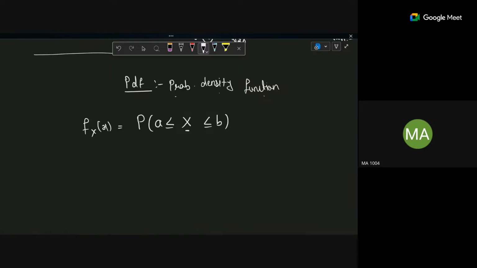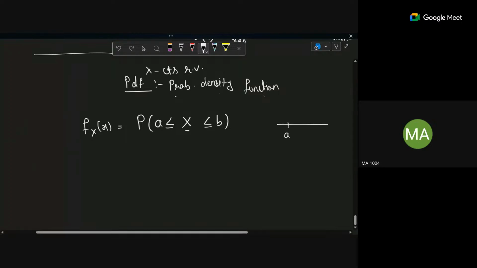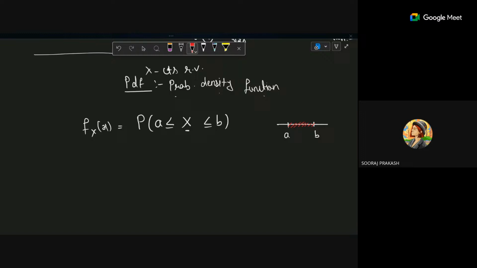Why is it density? Once X is a continuous random variable, there will be uncountable points between a and b. Say this is a, this is b on the real line, and you want the probability that X lies between them. How will you do that? We have to integrate, right?